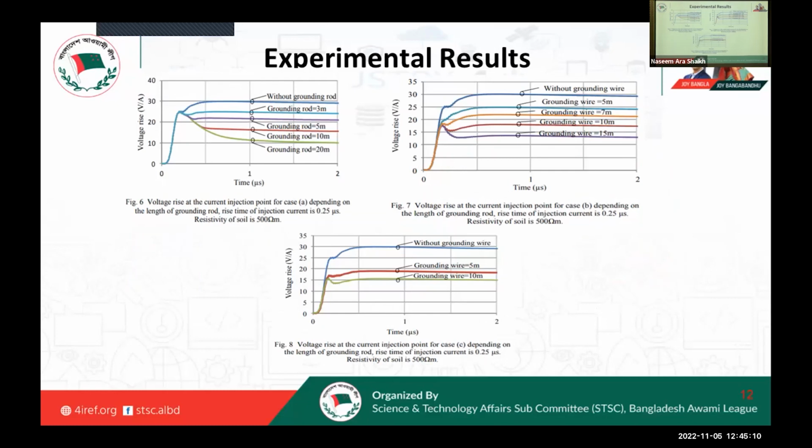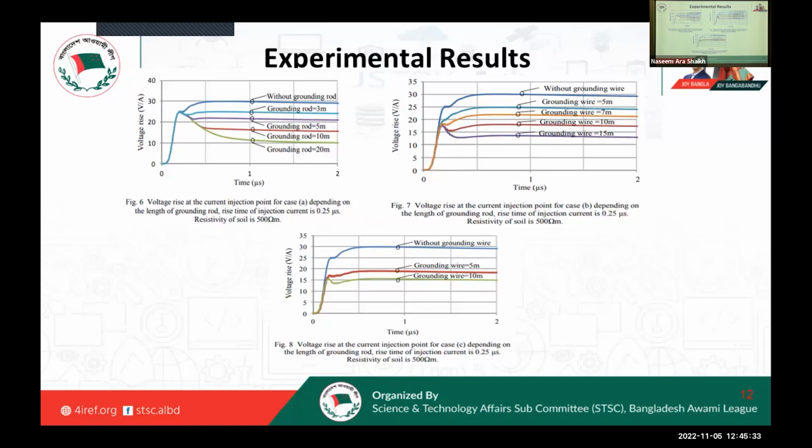In the first figure, number 6, you can see that using the grounding rod at the bottom, which in Bangladesh we mostly practice, using a vertical grounding rod, is not effective for low resistivity soil. In figure number 8, the second figure 7, a long grounding conductor is used.